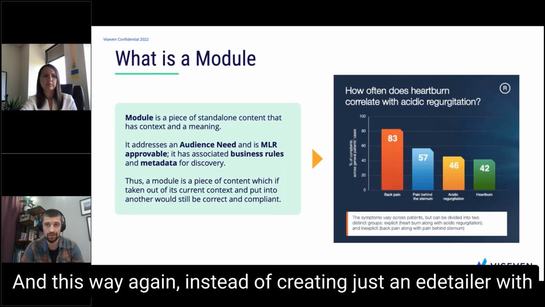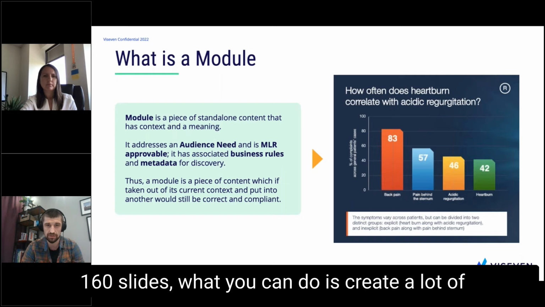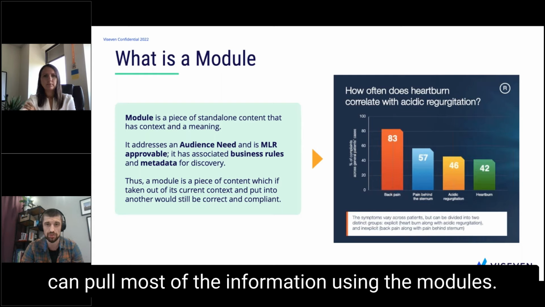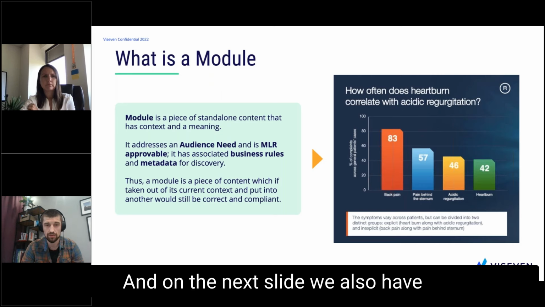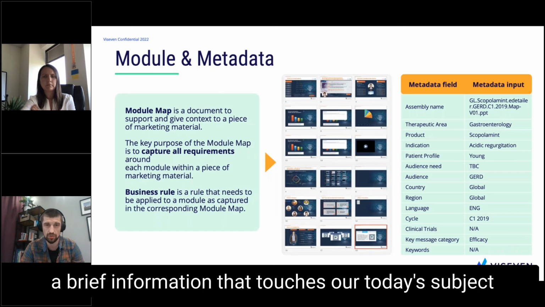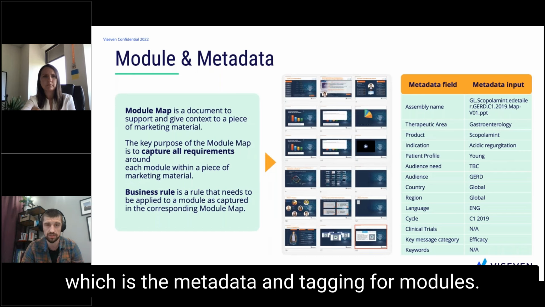And this way, instead of creating just an e-detailer with 160 slides, you can create a lot of modules. And by the time you need that very detailer, you can pull most of the information using the modules. And on the next slide, we also have brief information that touches on our today's subject, which is the metadata and tagging for modules.